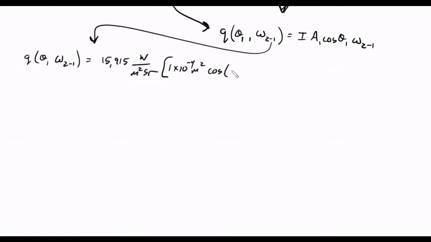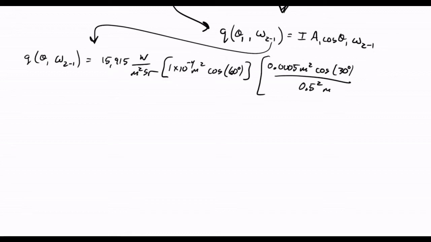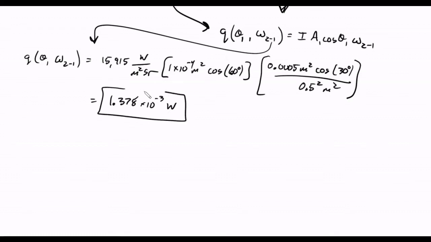And we need the cosine of theta 1, which is 60 degrees. And we need our solid angle, which is 0.0005 meters squared, cosine of 30 degrees, divided by 0.5 squared meters squared. So you do all this and you get 1.378 times 10 to the negative 3rd watts, which seems really small.